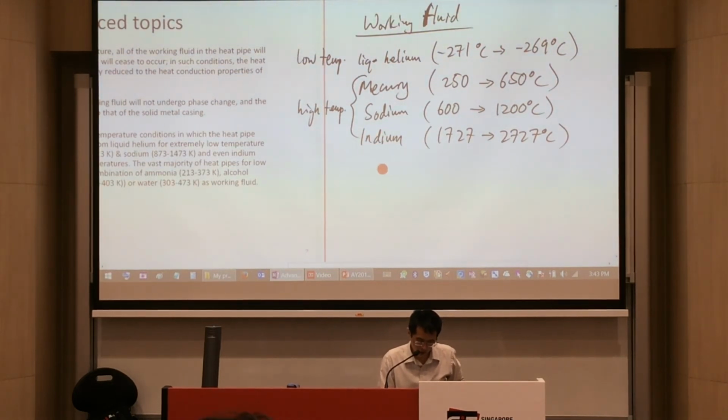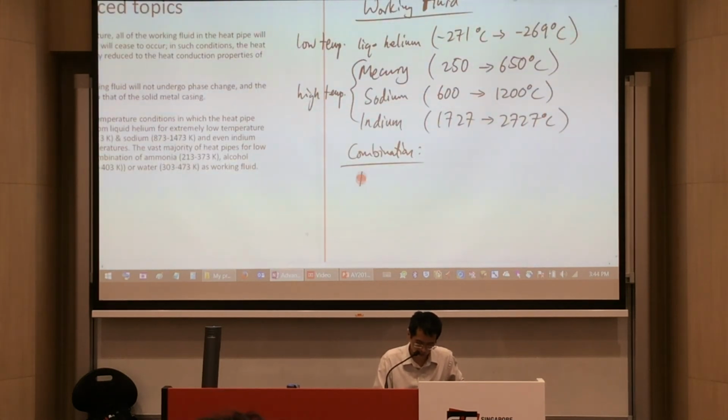On the lower temperature side, sometimes they have a combination of various working fluids. So not necessarily only one type of working fluid. You can have a combination. So say, for example, ammonia. Ammonia would be working in the temperature range of minus 60 to 100 degrees Celsius.